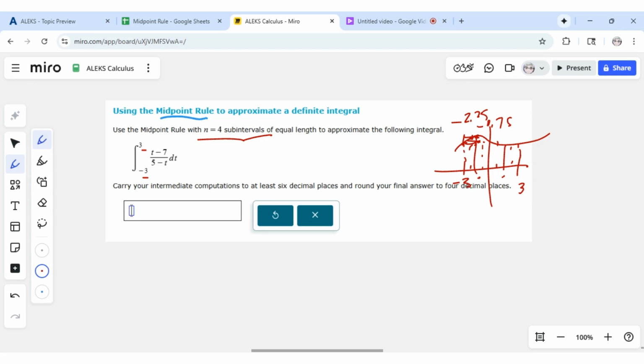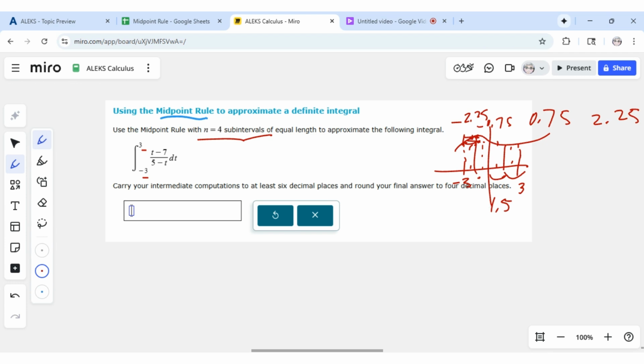We're going to have +0.75 and +2.25. So those are our midpoints. The width of all these things is 1.5. And what we'll do is we'll take these midpoints, plug them into the function in order to get the height of that rectangle and multiply it by 1.5, the width, and then add them all together.